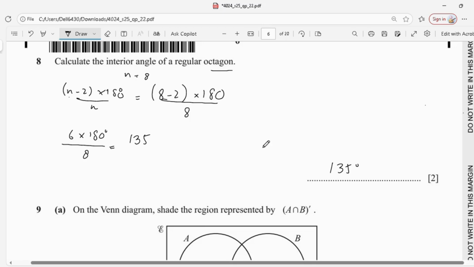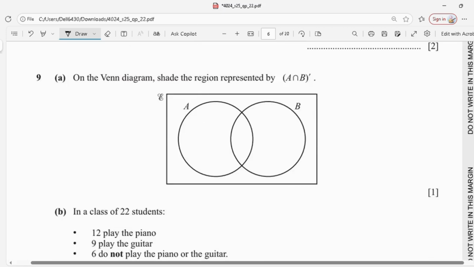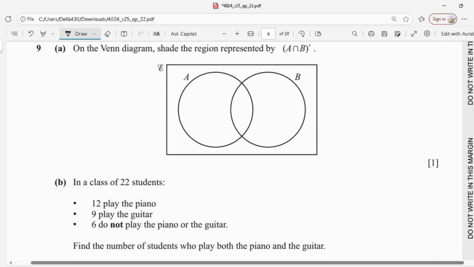Question number 9. On a Venn diagram, shade the region represented by (A intersection B) complement. Since A is this, B is this, we have to find A intersection B. This part is both A and B. This part is A intersection B. Now we have to find the A intersection B complement.